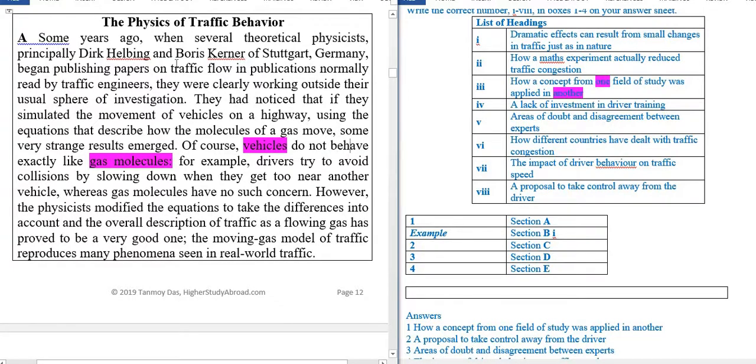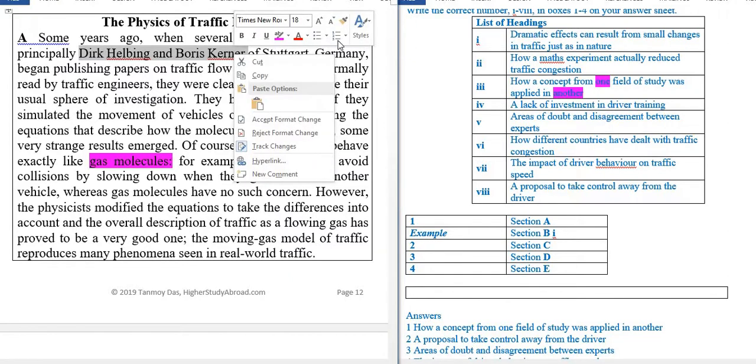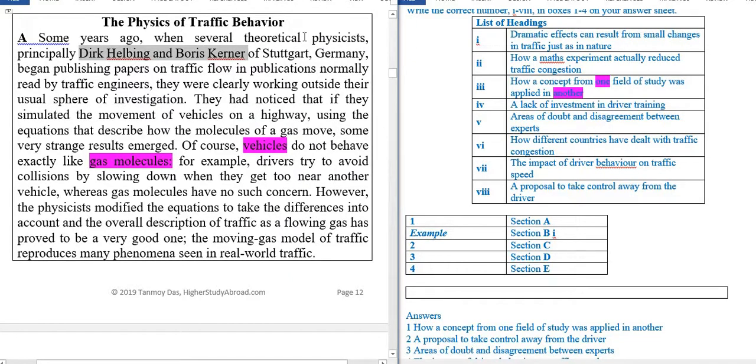Several years ago someone, okay, when we are trying to identify the list of heading, we don't need this information, right? We seriously don't need this information. So they are the physicist and then they have noticed something else, vehicle, gas molecule.